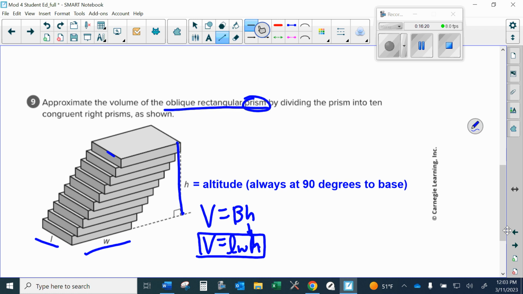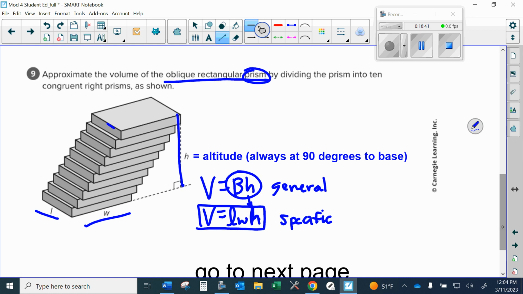A lot of you have seen that in elementary school. But that's where it comes from, the general formula of area of the base times the height, and then the specific one. Remember, altitude is another word for height. It's always at 90 degrees, or perpendicular, to the base.